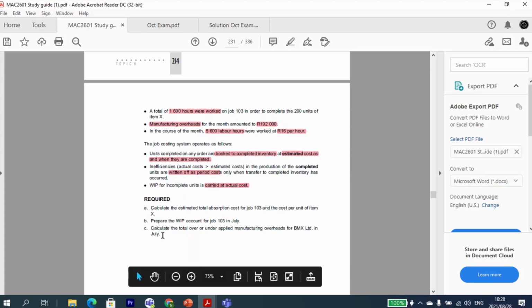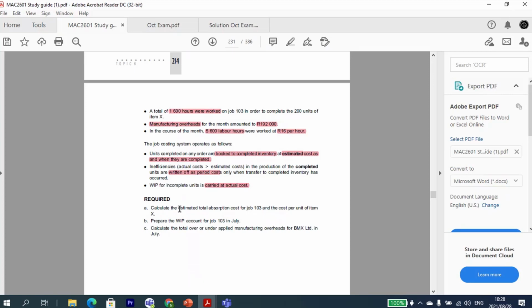Very important to know. And then they ask us here to calculate the estimated total absorption cost for this job, and they want the cost per unit for item X. Total absorption means that it will have your direct labor and material, and also your manufacturing overheads.